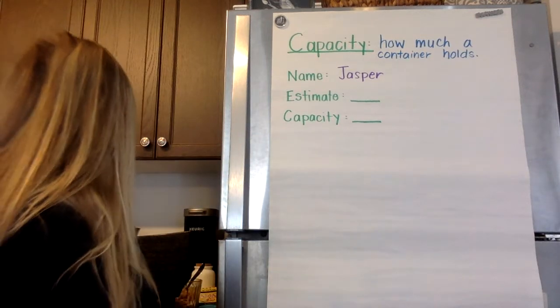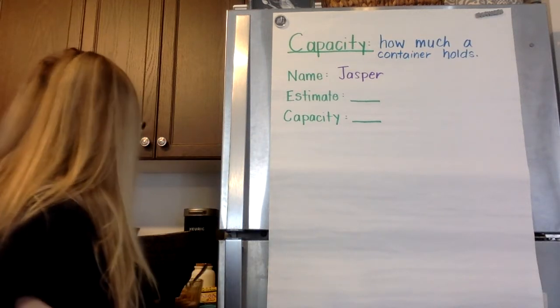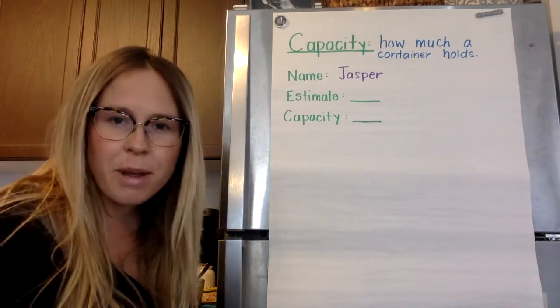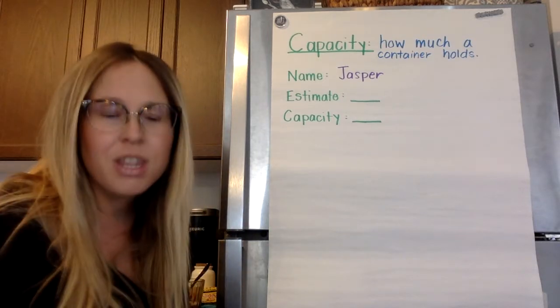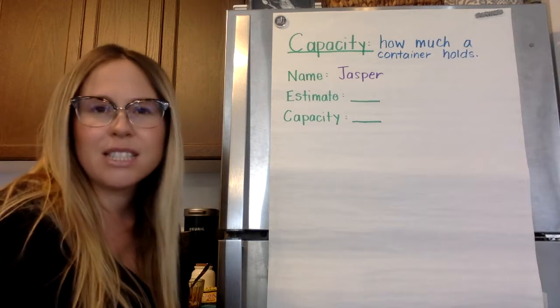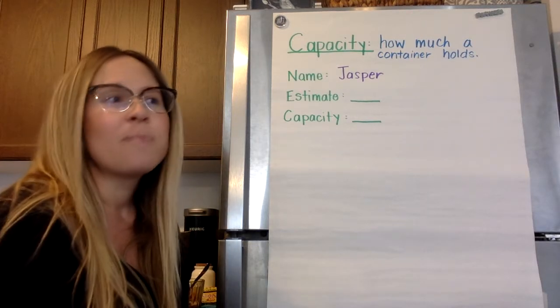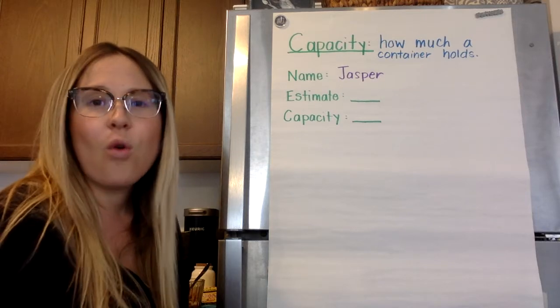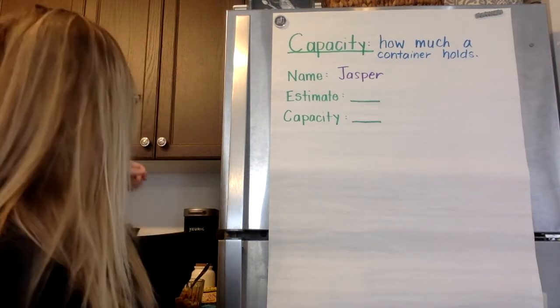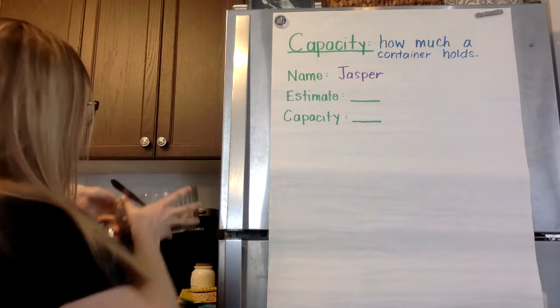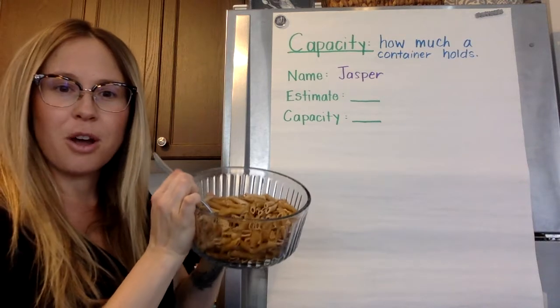Before I move on, I need to figure out, what am I going to use to feed Jasper with? You can use rice that's not been cooked, or noodles that have not been cooked, or sand, or little pebbles, or something that's all of the same size. Okay, I've chosen to use some noodles that have not been cooked.